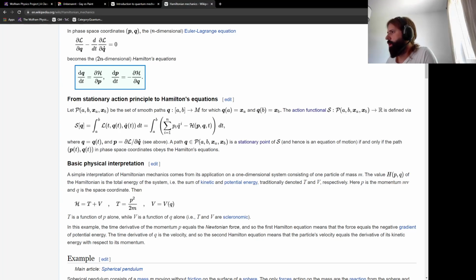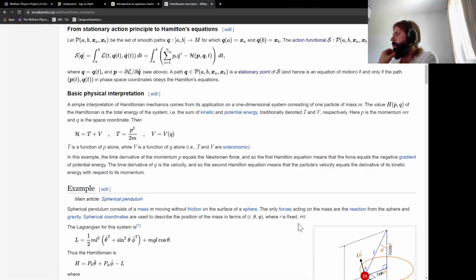So in this example, the time derivative of the momentum equals the Newtonian force. So the first Hamiltonian equation means that the force equals the negative gradient of potential energy. The time derivative of q is the velocity, and so the second Hamiltonian equation means that the particle's velocity equals the derivative of its kinetic energy.